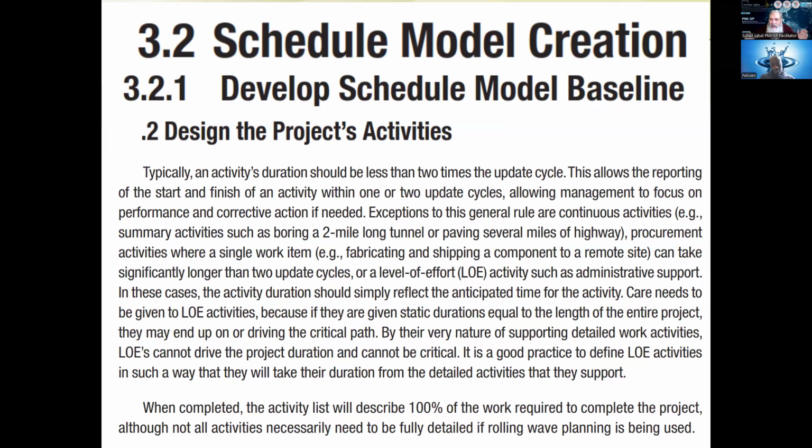Having said that, I have set the rule of 1 week and 2 weeks. You understand that? The basic rule is less than half of the update cycle, and the max rule is maximum 2 update cycles long. Now, exceptions to this general rule are those continuous activities.